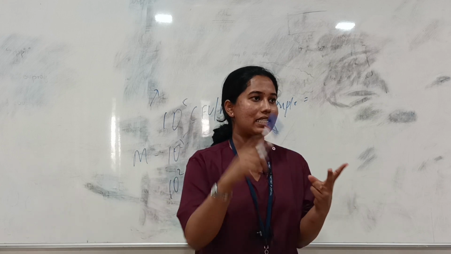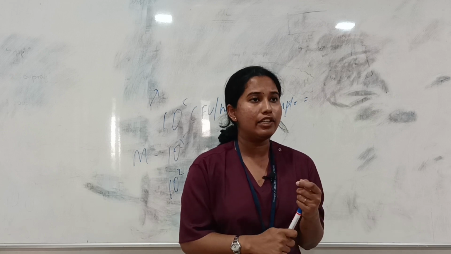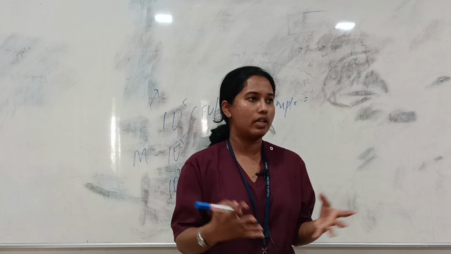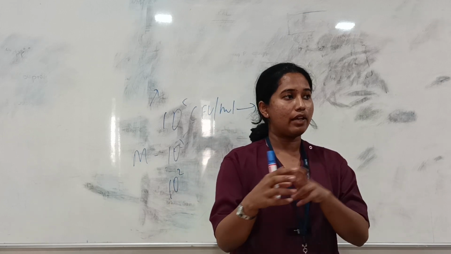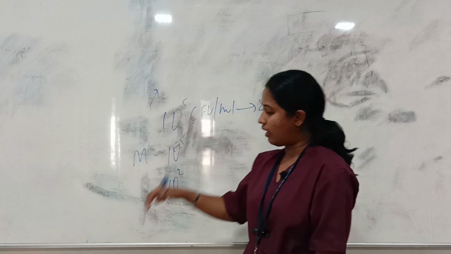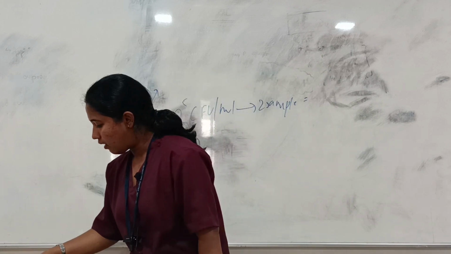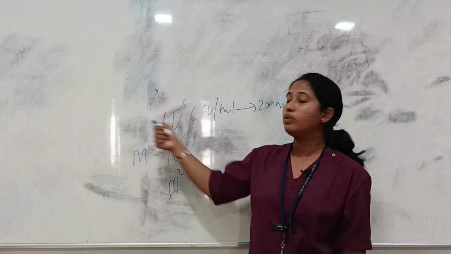So I discussed 3 types. First is asymptomatic, next is uncomplicated, next is complicated. Next comes catheter-induced. How can you confirm it is catheter-induced? You should collect 2 samples of urine, and they should have greater than or equal to 10 raised to 5 colony forming units per ml.